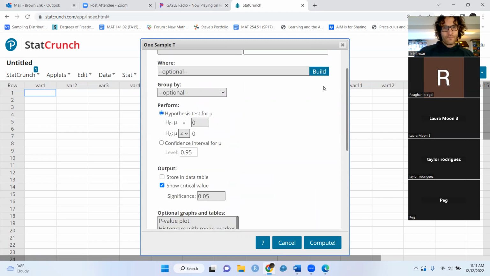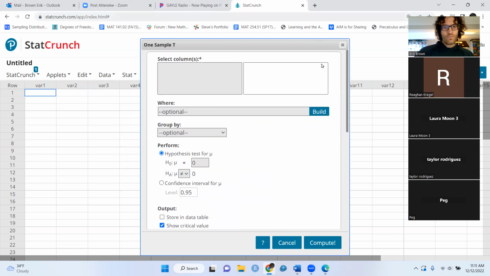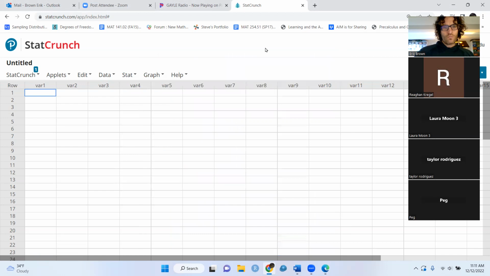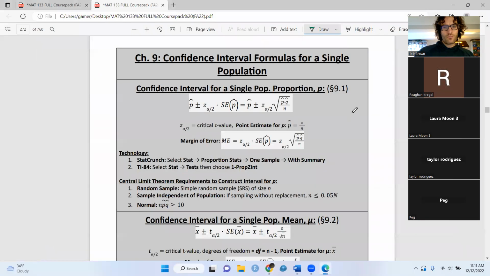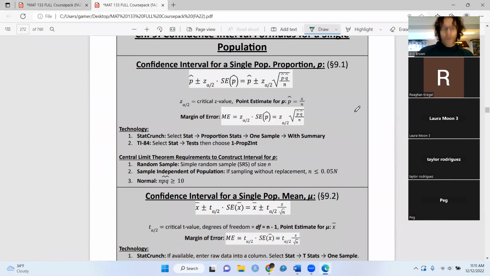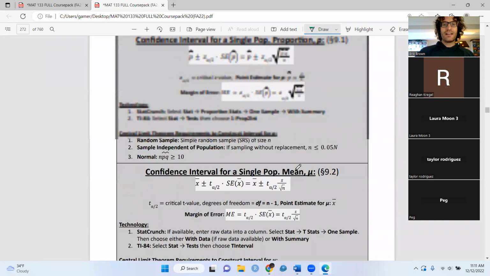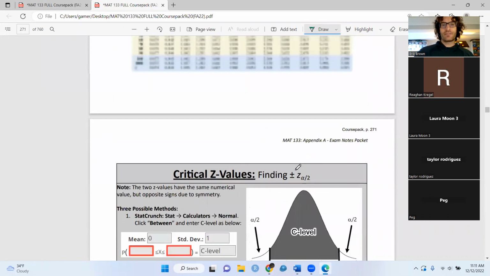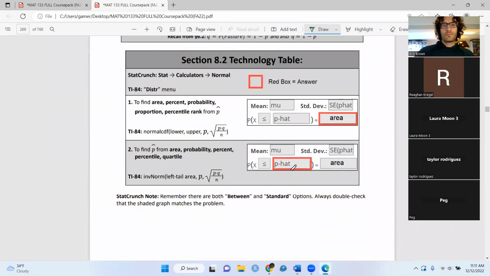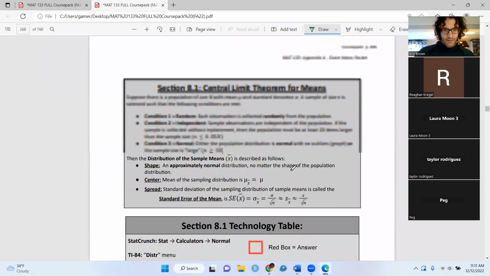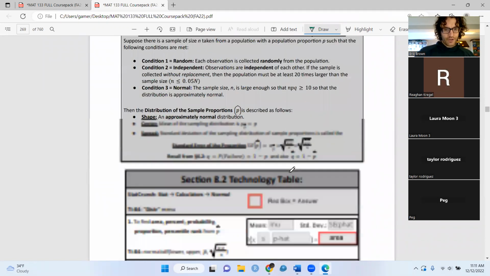Sometimes I just don't know ever when to do T and when to do Z. Great question. Means are always T's except when calculating the sample size. Let me find where that sample size is on the reference sheet.